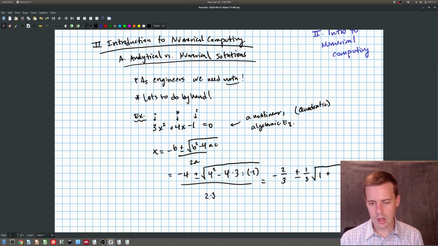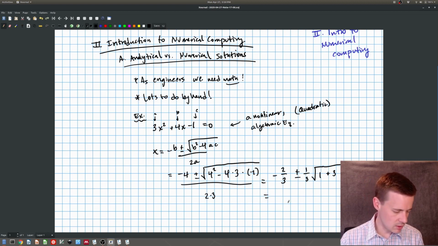So let's see, 3 times negative 1 is 3. Is that right? This seems like I made a mistake. Let's see, 4 squared, that's 16. 16 minus 4 times 3 is 12, which would give me plus 12, right?